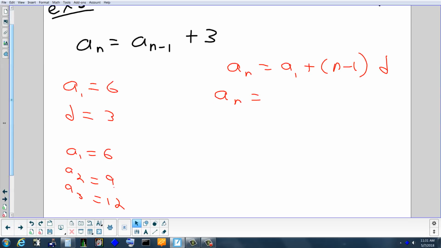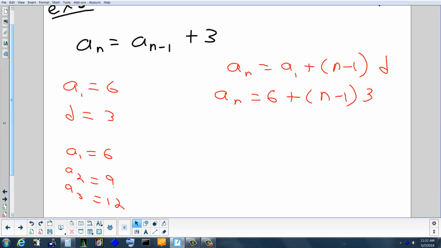So now let's fill in what's up above. Josie, what's my first term? 6. Yep. Plus n minus 1 times, Evan, what's my common difference here? 3, because we're adding 3 each time.